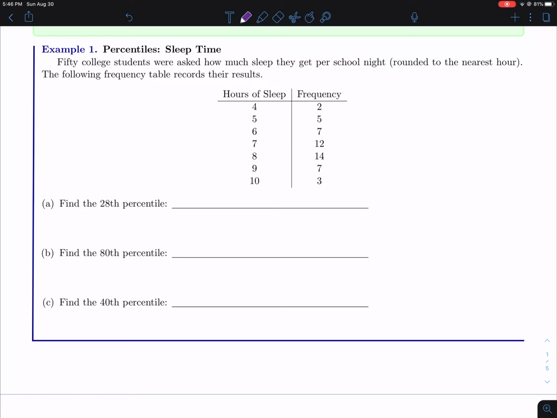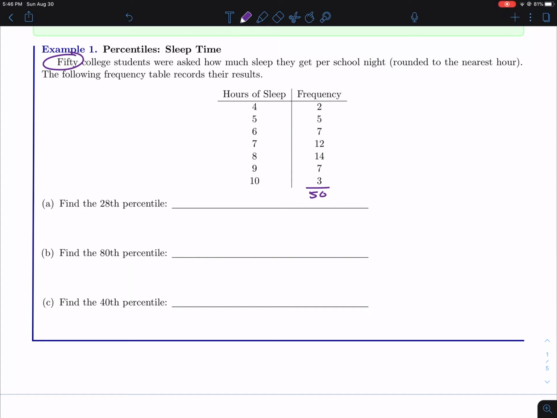The first thing to notice is that they gave us the total number of college students, 50. If they didn't give me that number, that's the first thing I'd have to do, just like with relative frequency. If it isn't given, add up the frequencies to figure out the total first.